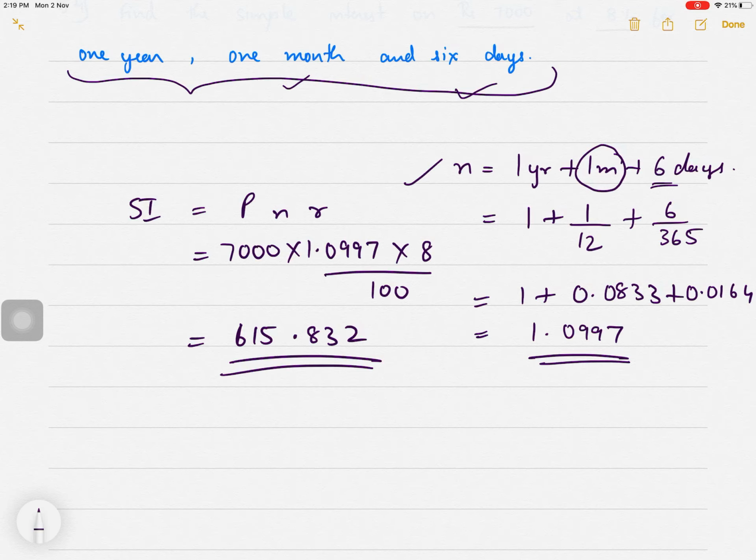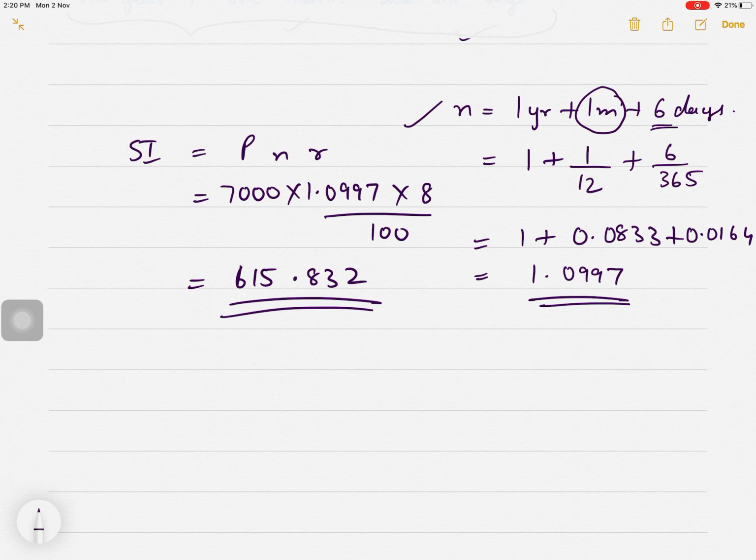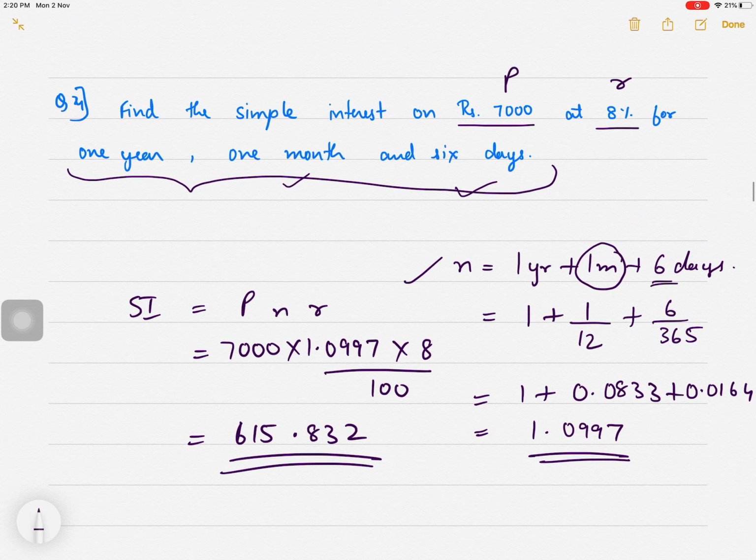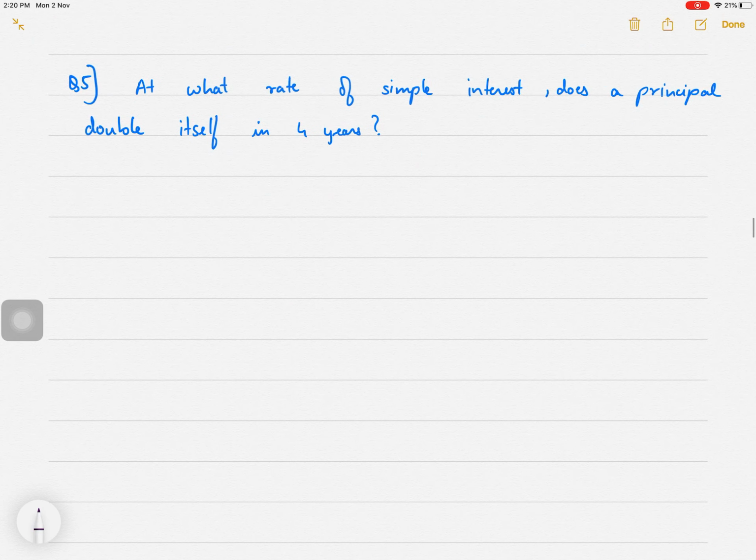Right? Okay, now let's see the next problem. At what rate of simple interest does a principal double itself in 4 years? Okay, so principal is getting doubled.